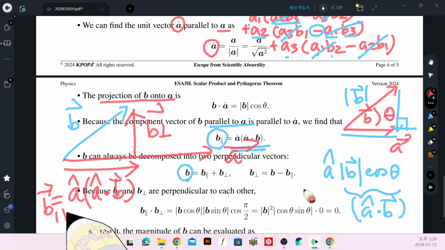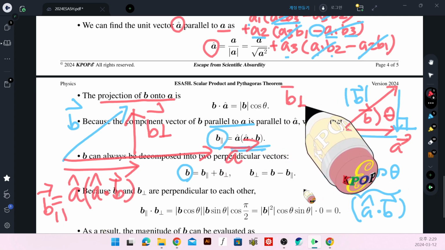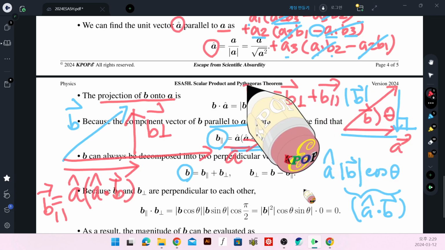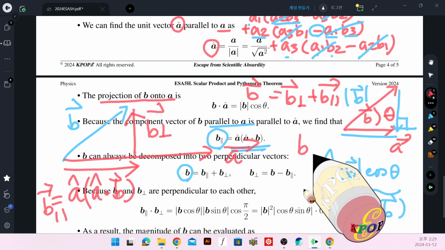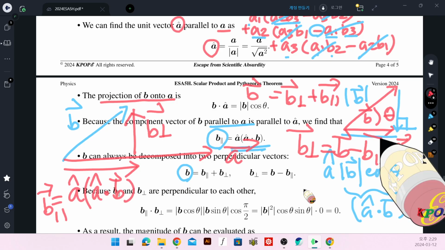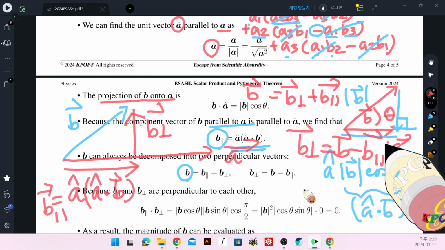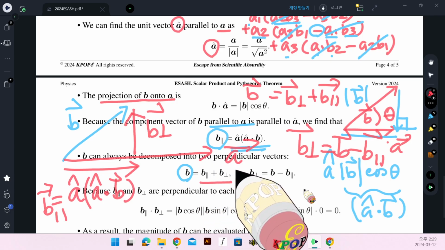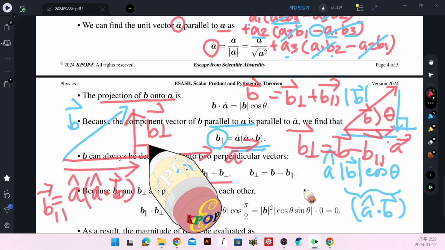B perp plus B parallel equals B. That means B perp is B subtracted by B parallel. Okay, in this manner, B is the sum of two perpendicular vectors. This is a right angle.